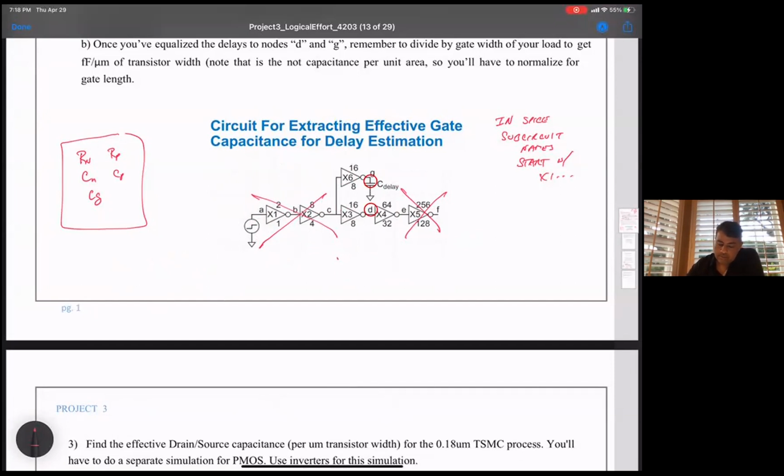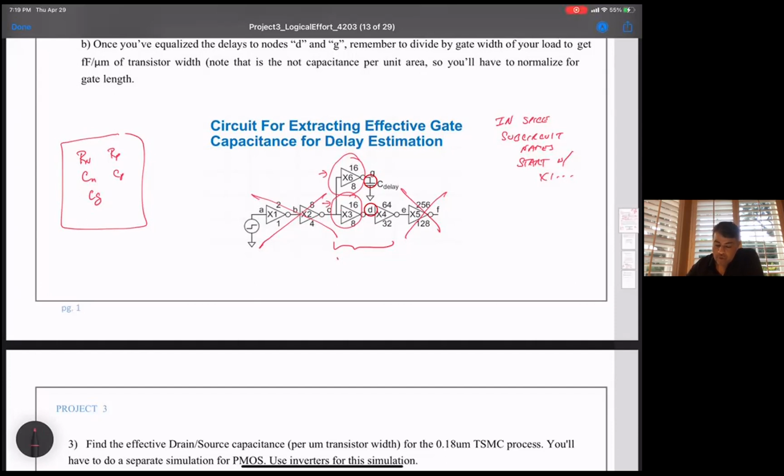The real business end is these guys. So then what are we doing? Well, this guy is exactly the same as this guy, right? X3 is exactly the same size device as X6. They're both getting the same input.